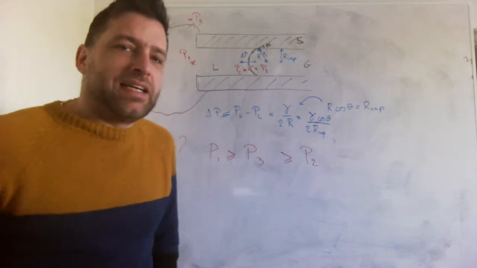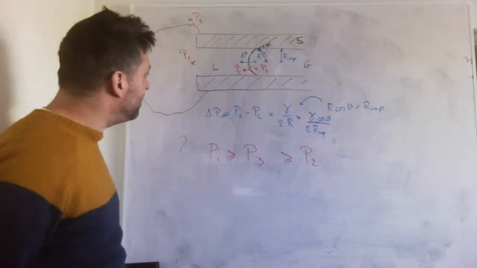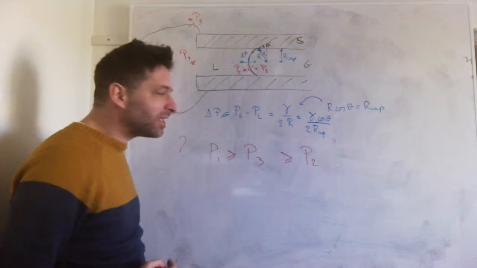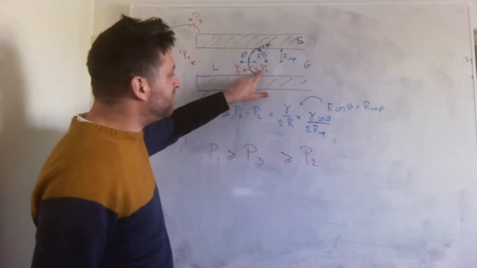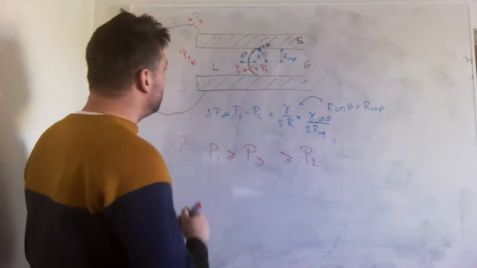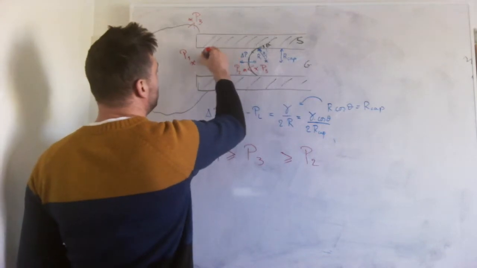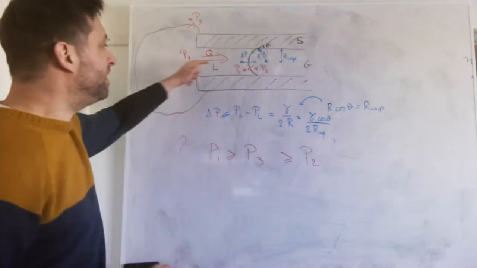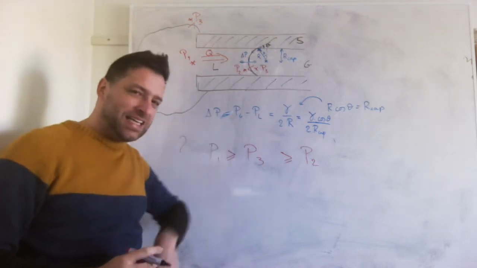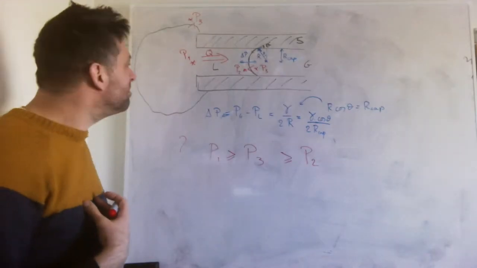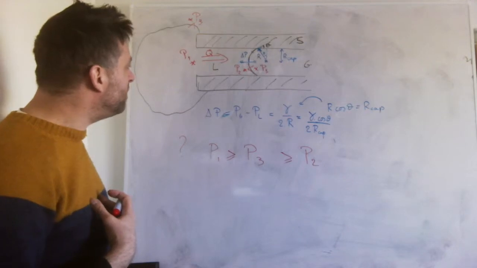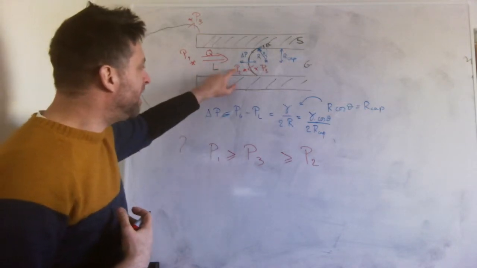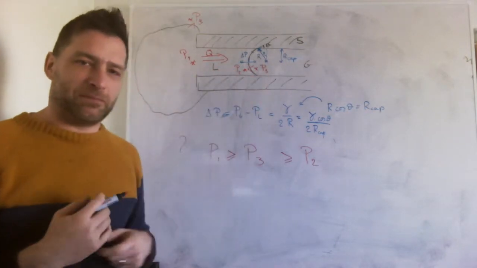And now there is something very strange. I see that in P3 my pressure is higher than in P2, but still I know that I have a volumetric liquid flow Q that goes from the left to the right. And that seems weird. How is it possible that liquid flows from a low pressure to a high pressure?